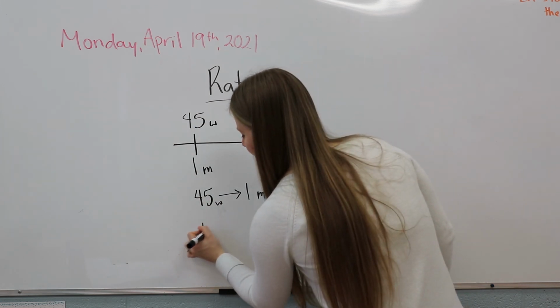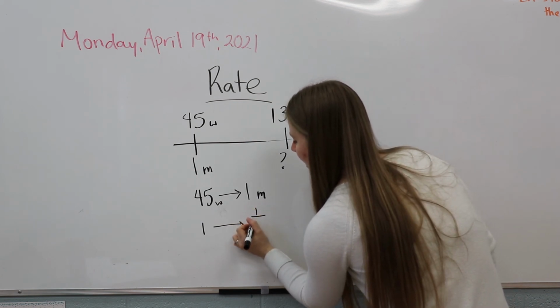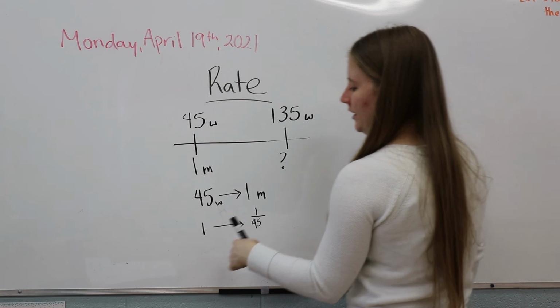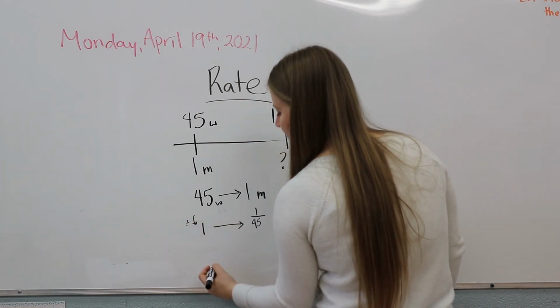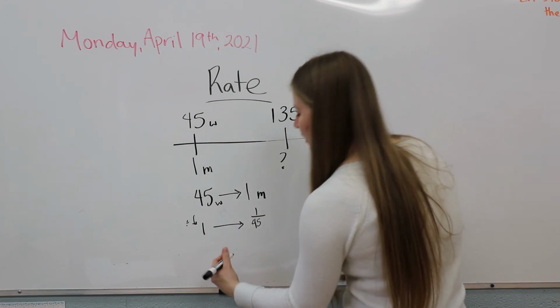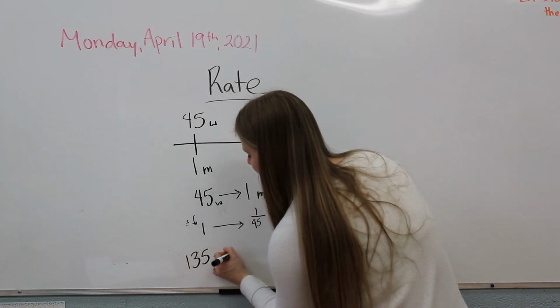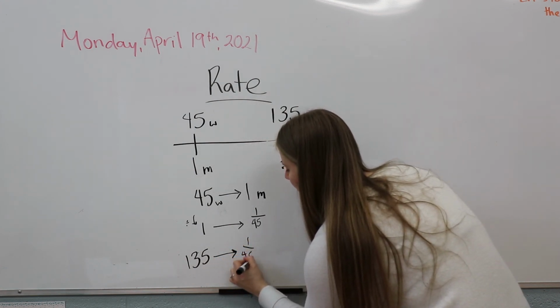So we need to find the value of 1 word. We're going to represent that as a fraction because it's 1 divided by 45. That's how we get down there. We're dividing down. Now that we have that, we can see how long it takes to type 135 words, and we know that to do that, we have to multiply.